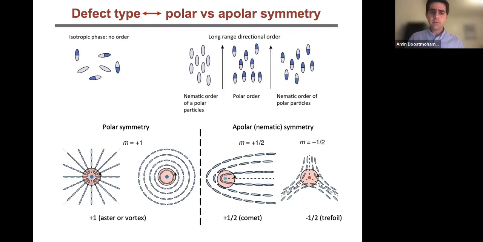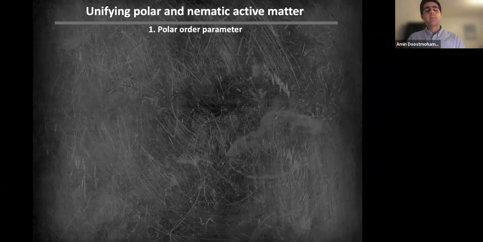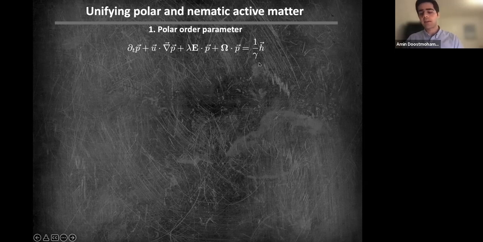So what we have done recently is making the description much simpler. Instead of looking at a nematic tensor, now we think about a polarity vector as an order parameter. So the equation becomes much simpler because now it's a vectorial equation. We have again a molecular field, just a derivative of free energy with respect to polarity, and we have similarly the coupling between orientation and flow.